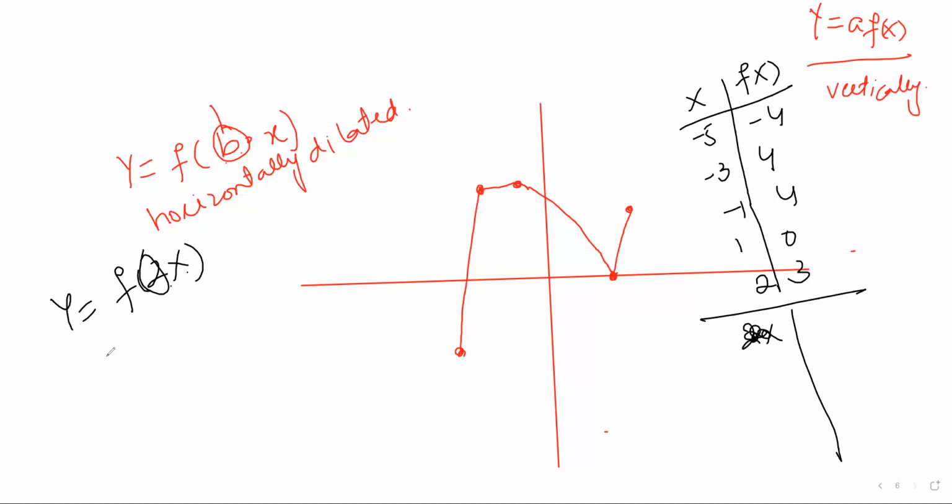Y is equal to f of 2x. We are running out of time, just letting you know. So if we find x, f of x from here, it's going to be 1 by 2x.